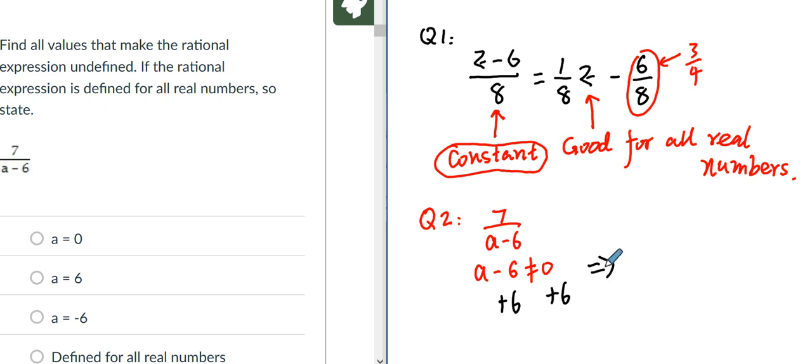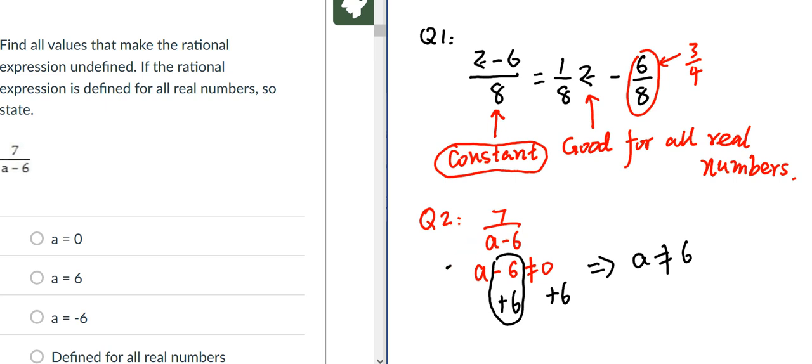We shall have these two cancelled. So left-hand side is a, right-hand side is 0 plus 6, which is 6. This tells us this rational expression a cannot be 6.